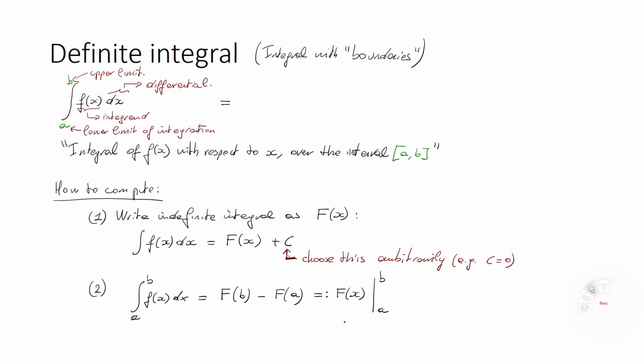And this last piece is notation, but it is very useful notation. So also here, the definition of the integral is you take the antiderivative, capital F, you evaluate it at the upper limit of integration, and you subtract its value at the lower limit of integration.